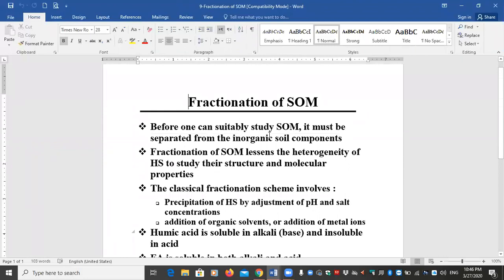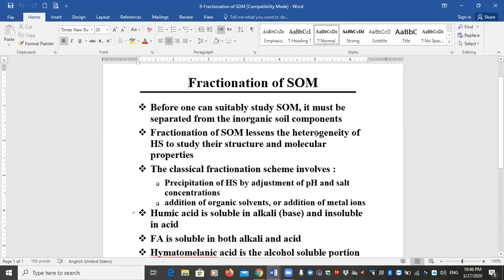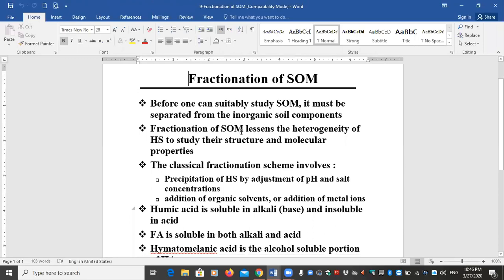Before we can suitably study soil organic matter, it must be separated from the inorganic soil components. So before we start the fractionation process, you have first to separate it from the inorganic soil component so that it's by itself. You cannot study it while it's mixed with the inorganic soil components. Fractionation of soil organic matter lessens the heterogeneity of humic substances to study their structure and molecular properties.